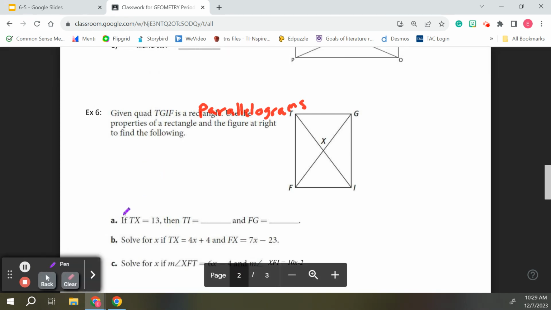If TX is 13, so this is 13, then TI, what does TI equal? 26. And then what's FG going to equal? I'm sorry? 26, yeah, because the diagonals are congruent.